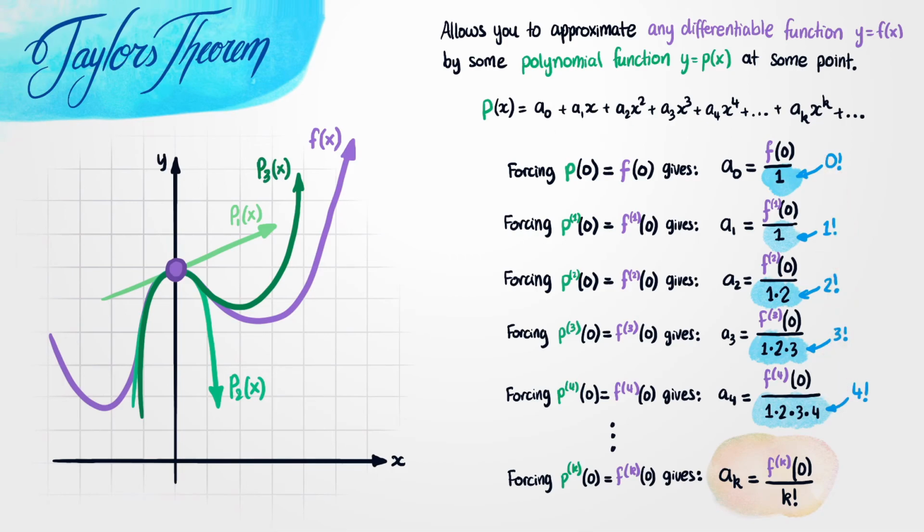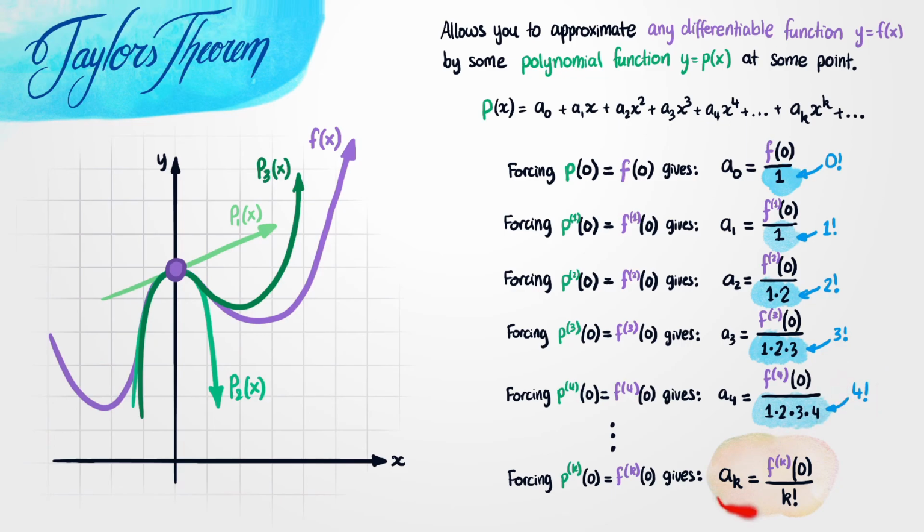We found that in general, the kth coefficient is given by differentiating k times, subbing in 0, and then dividing by k factorial. And remember, k factorial is just what you'd get if you multiplied a whole bunch of numbers. For example, 4 factorial is 4 times 3 times 2 times 1, and 10 factorial would be 10 times 9 times 8 times 7, all the way down to 1.